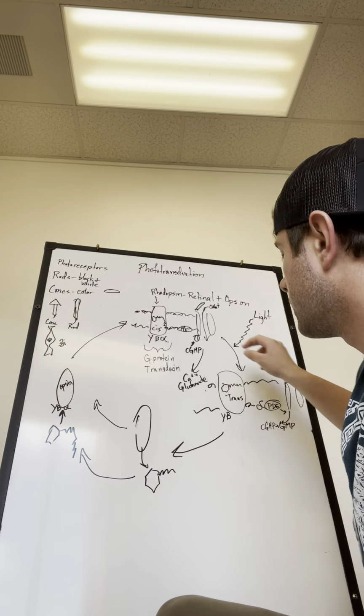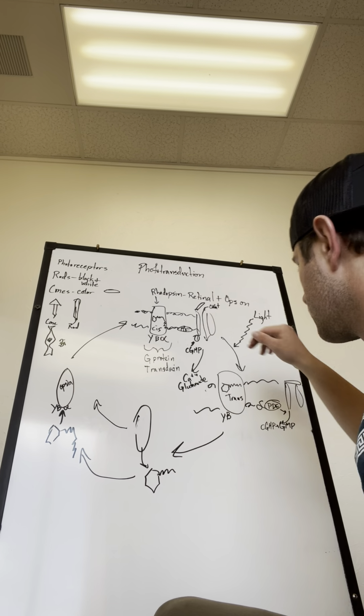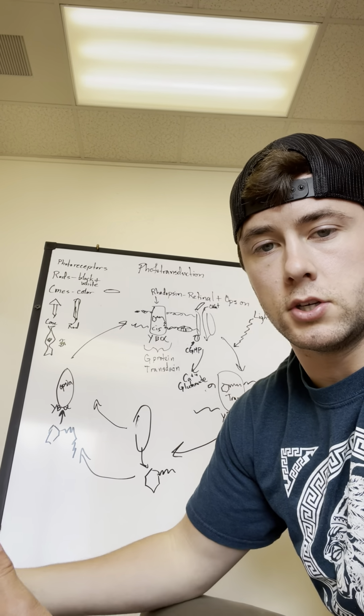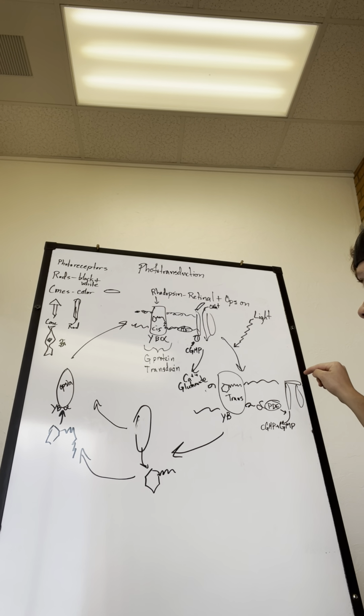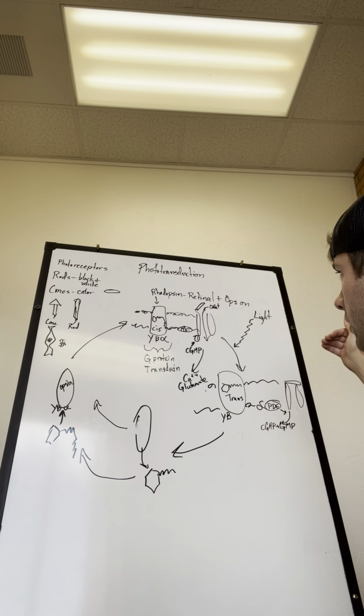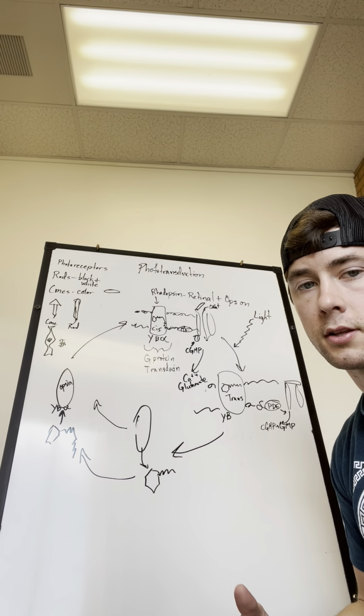So what phosphodiesterase does is it degrades cyclic GMP to GMP, and that's shown over here. So we degrade it, it becomes GMP, and because it's now degraded, it detaches from that ligand-gated channel and closes it. So now sodium is no longer entering the cell.